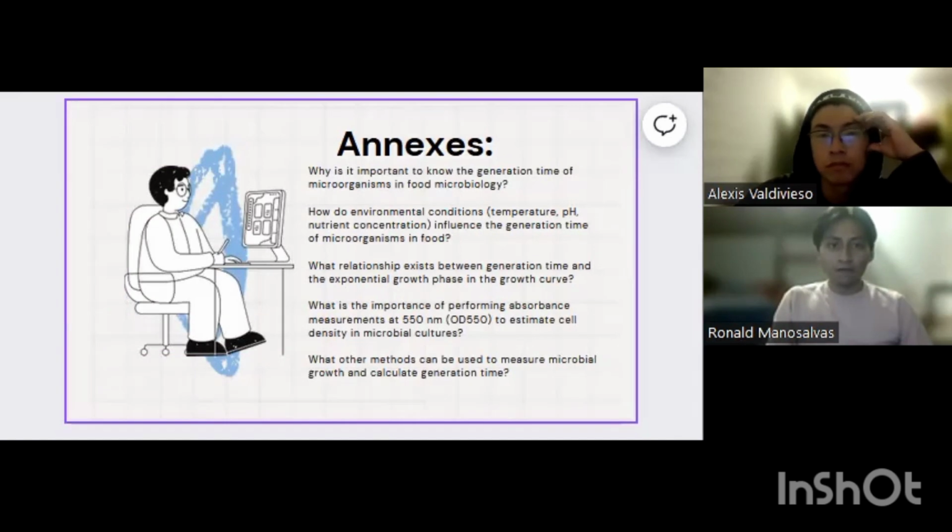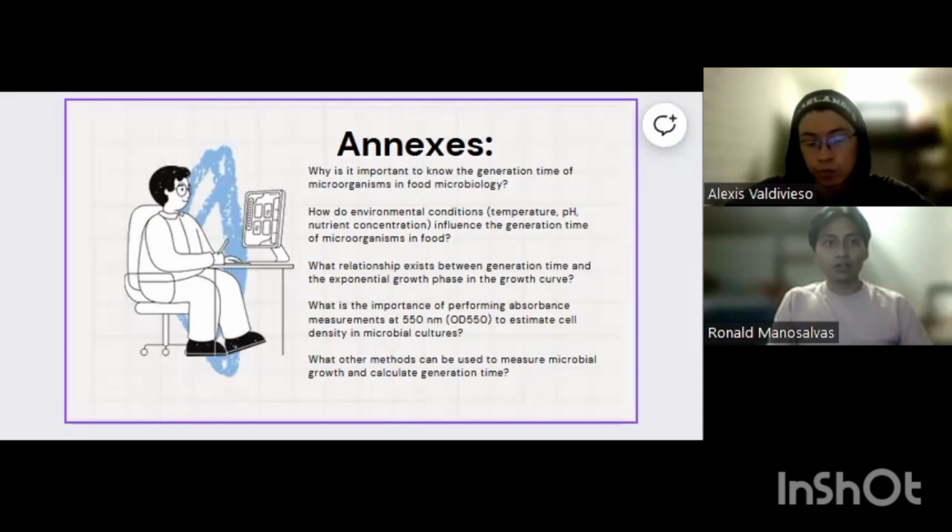Okay, to explain this part, in spectroscopy experiments, especially when working with microorganisms or cells in culture, generation time is a crucial parameter that is related to the exponential growth phase of the growth curve. The exponential growth phase is when the microorganisms or cells are actively multiplying at a constant rate.